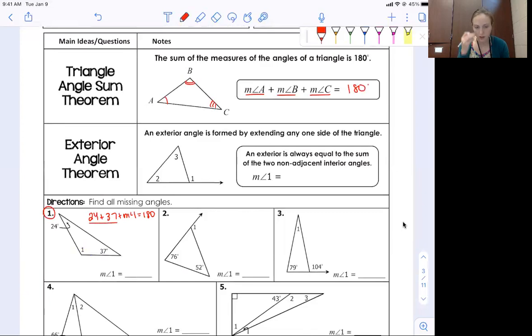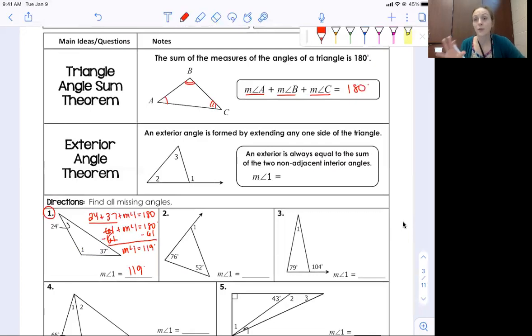So 24 plus 37 is going to give us, let's see here, 61 degrees. And 61 plus the measure of angle 1 equals 180. Then subtract 61 on both sides. And we get the measure of angle 1 is equal to 119 degrees. Okay, so that's how that triangle angle sum theorem works.